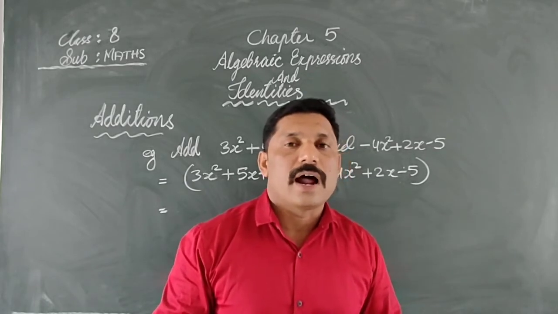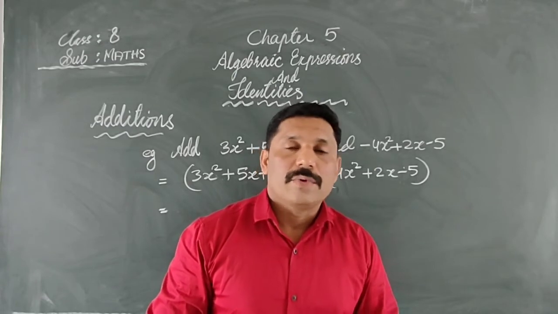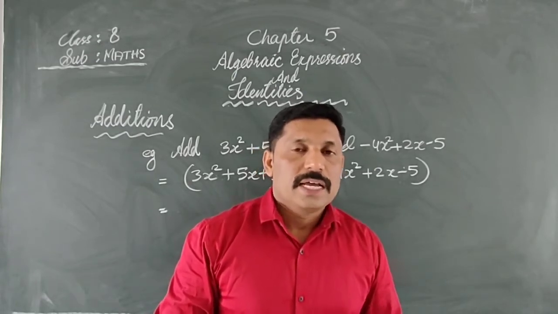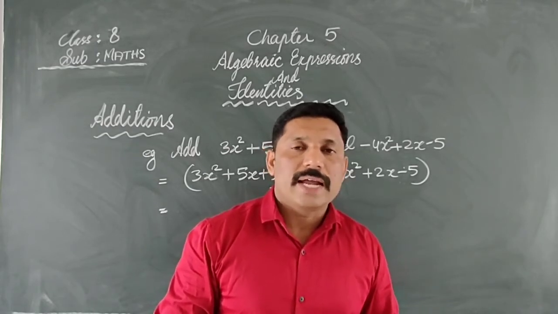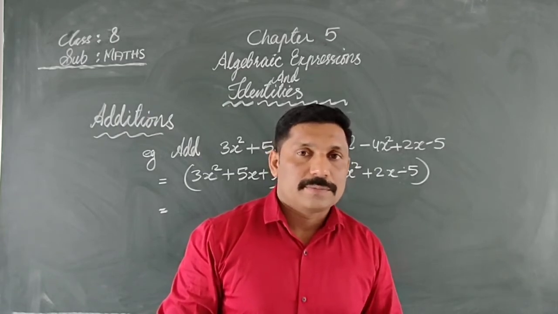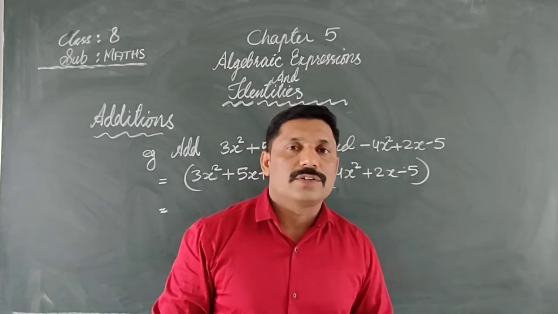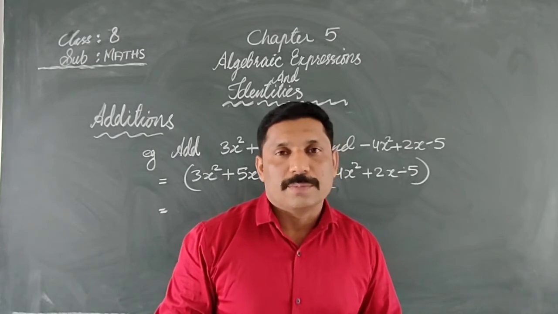We cannot add unlike terms. You have to remember this main point when you add two or more algebraic expressions. In subtraction also we do the same: only like terms we can subtract, unlike terms we can't subtract. Now we are going to solve some addition questions so that you can clearly understand how to add two or more algebraic expressions.